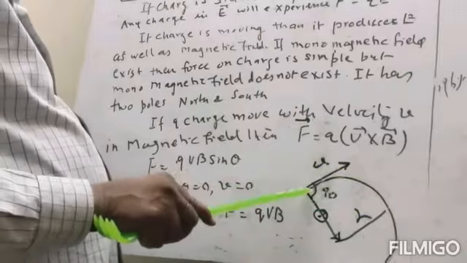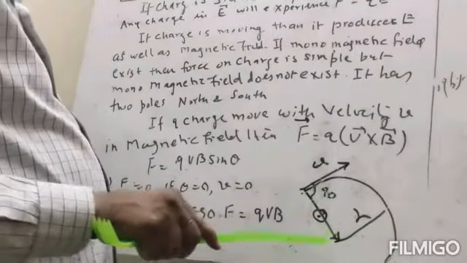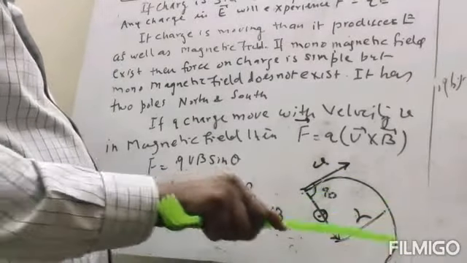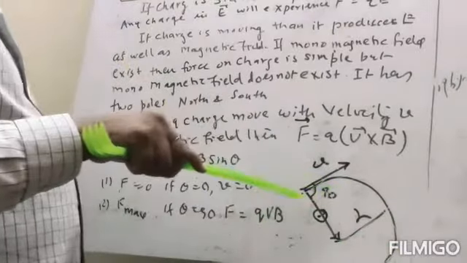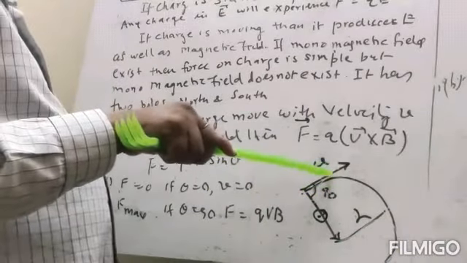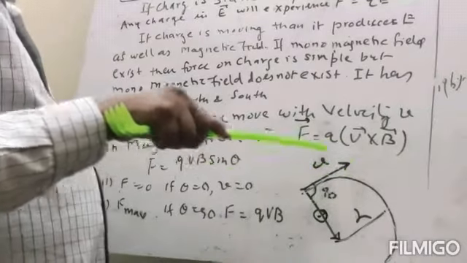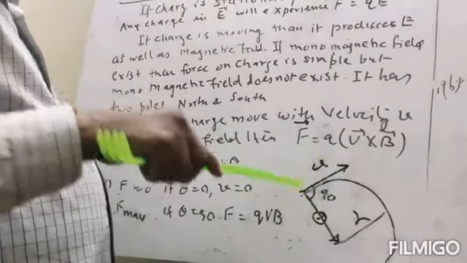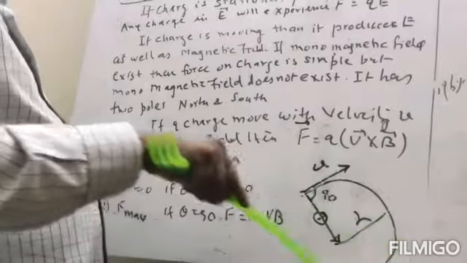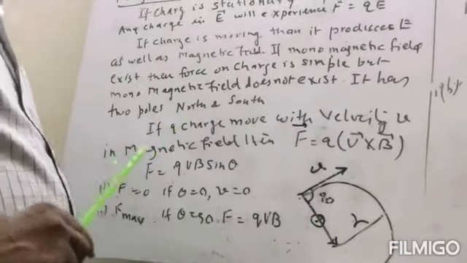So we can say the speed of the particle will remain the same and the radius of the path will be the same. So there will be a circular motion when we apply the velocity, with the magnetic field outward from the board, and the path will be circular.